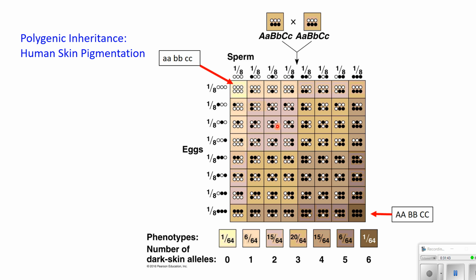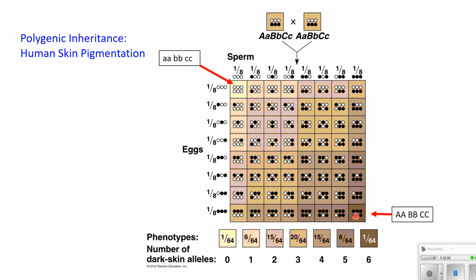It's not just dark, light, and medium. There's a whole spectrum possible. So even in this simplistic, way oversimplified example, there's 1, 2, 3, 4, 5, 6, 7 different levels of pigmentation that are possible in these offspring.